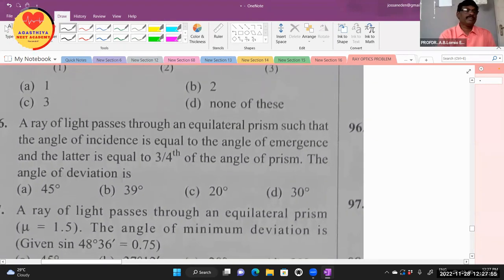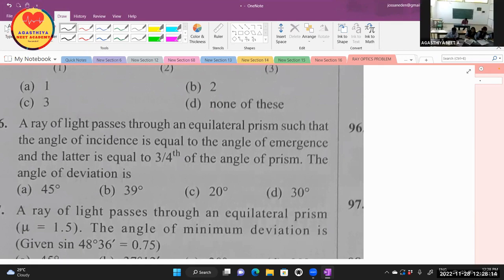Next problem. A ray of light passes through an equilateral prism such that the angle of incidence is equal to the angle of emergence, and the latter is equal to 3/4 of the angle of prism. The angle of deviation is?